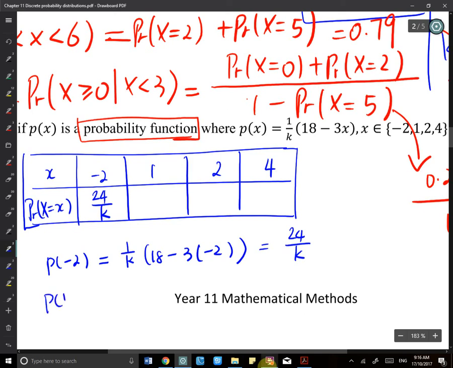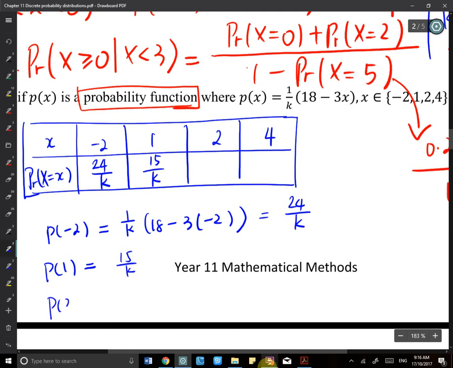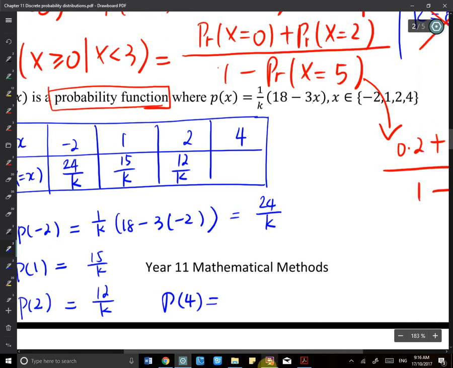And we have P(1). P(1), you sub 1 in, that's 15 over k. We have P(2). P(2) is 6 times 2, 18 minus 6 is 12. 12 over k. And we have P(4) as the last one. P(4), you sub 4 in, 18 minus 12 is 6. It's 6 over k.